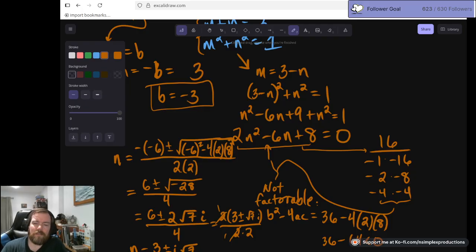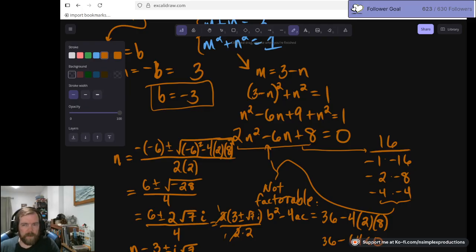And this is not really all that surprising at this point. Whatever is going to happen, if we pick the positive one, then m is going to be 3 minus this thing. What does that do? Well, that's going to make 3 minus the 3 halves, but 3 minus 3 halves is 3 halves.